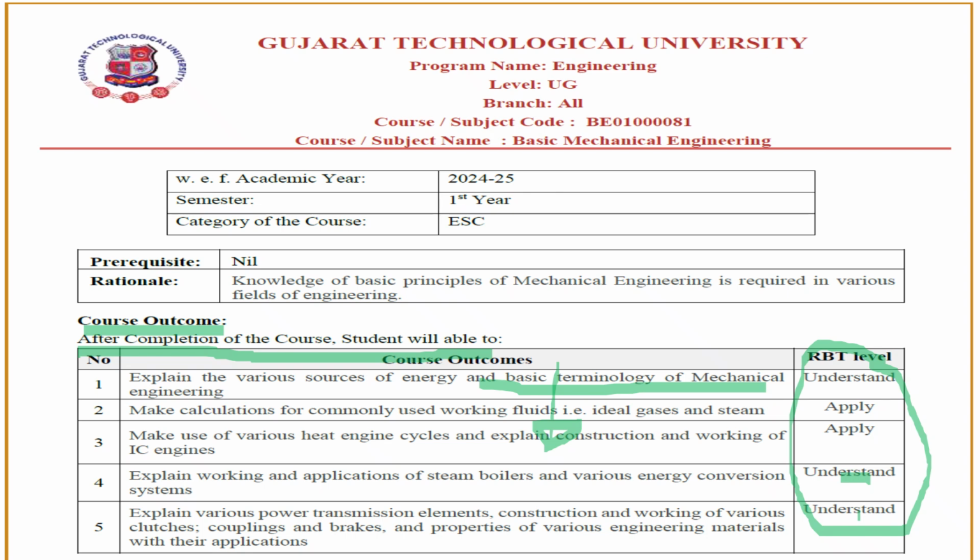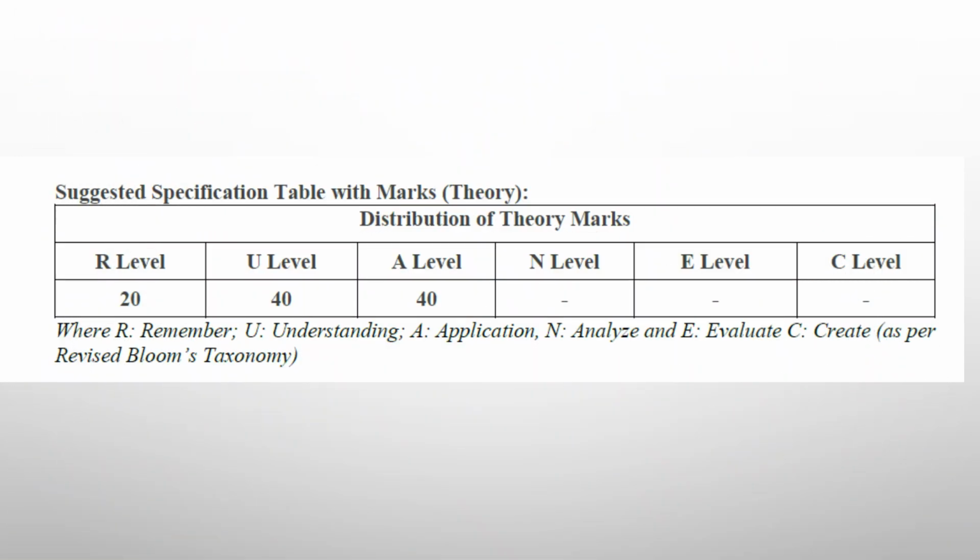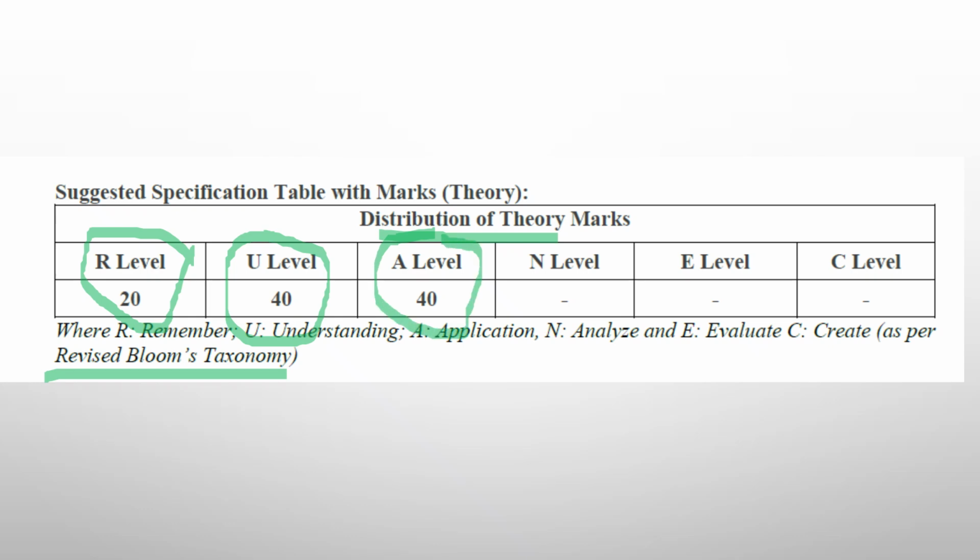If you refer to the syllabus and go into detail, you will observe that according to this revised Bloom taxonomy, in your examination 20% weightage is given to R level, 40% to U level, and 40% weightage is given to A level.